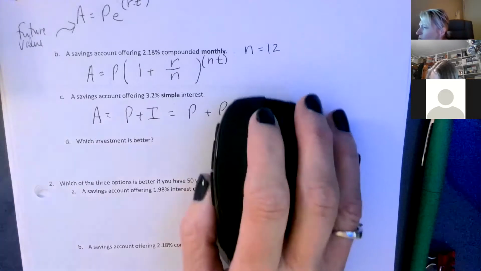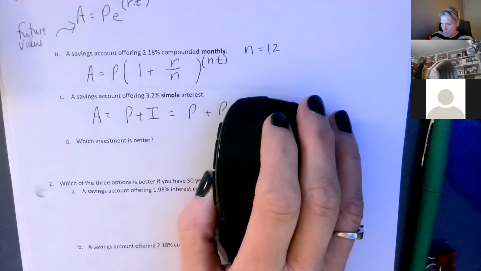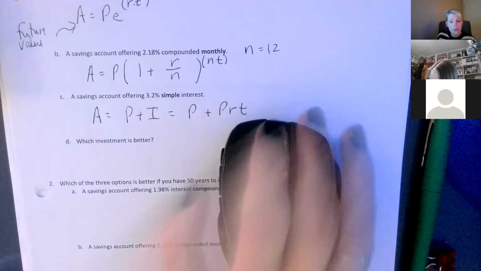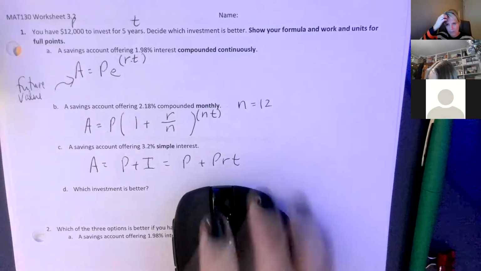So I said for D that investment B was a better choice. You said which one? Investment B. Okay, and what made you choose that?